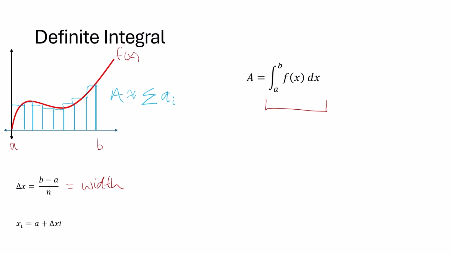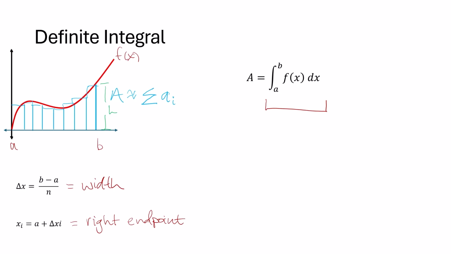Notice in this picture that if I plug in the right endpoint into the function, I have my height. So I'm going to call x i the right endpoint of my ith rectangle. Now notice that this formula is a plus delta x times i. Again, there's a way to reason through it.